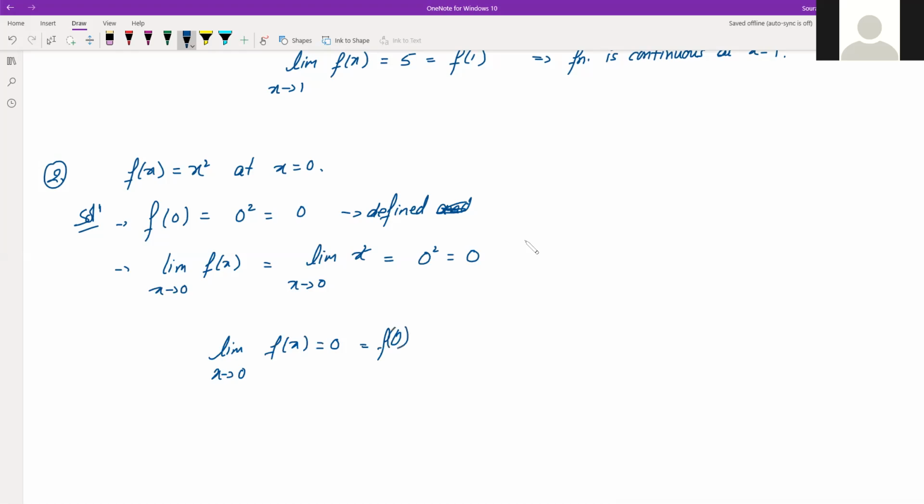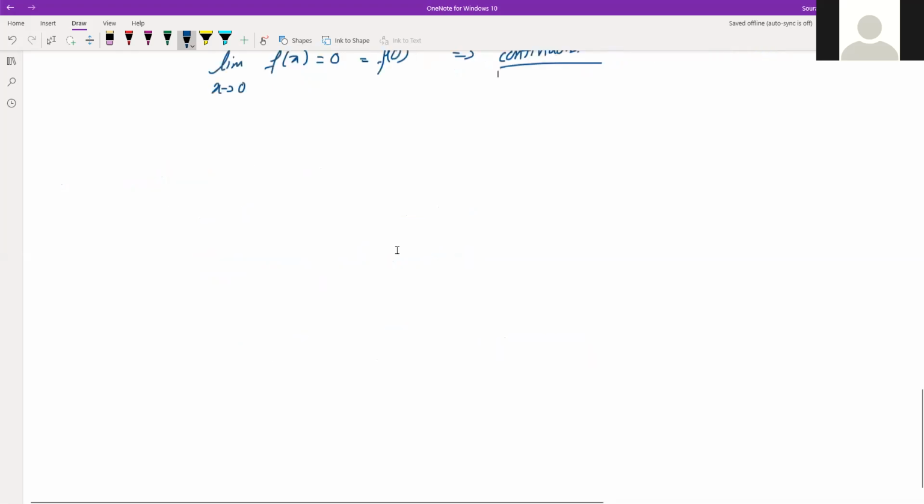So we say that this is continuous. So this is how we solve such problems. Obviously, there are very slim chances that you will get such problems in your exam, but if you get it, you are lucky and you should be able to solve it and get the marks.